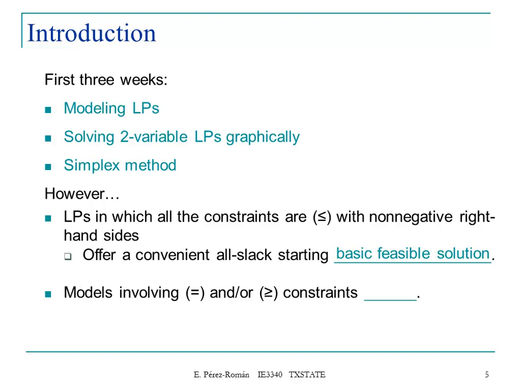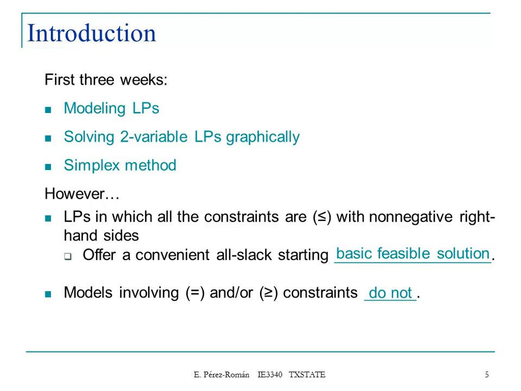So when you saw that, you change your program to the format for the simplex method. You add those slack variables and you create those equalities. But that's not always the case. Models involving equalities and greater-or-equal constraints do not have that flexibility.